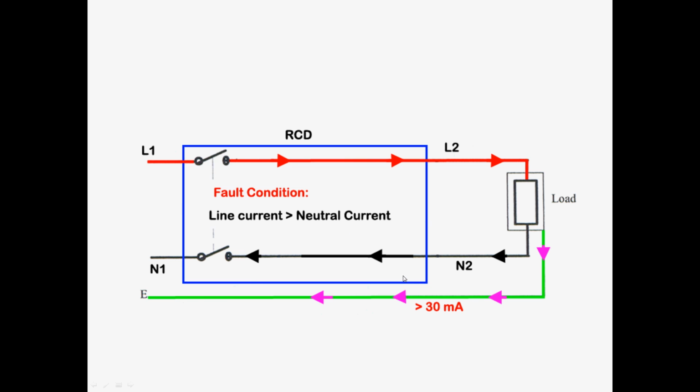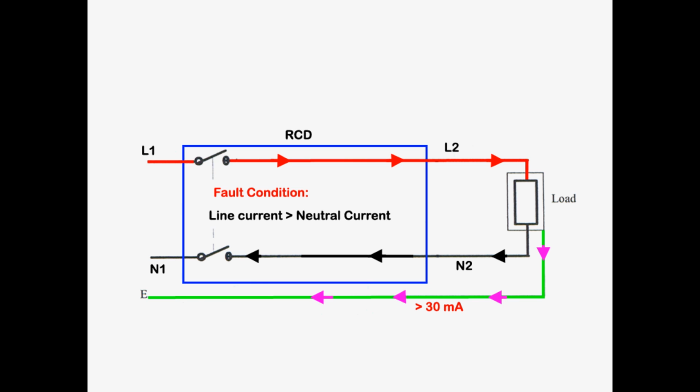You can see that the RCD has a high sensitivity compared to a fuse, because as I said the fuse needs a very large current to operate, and that current depends on many factors that are not always controlled by us.